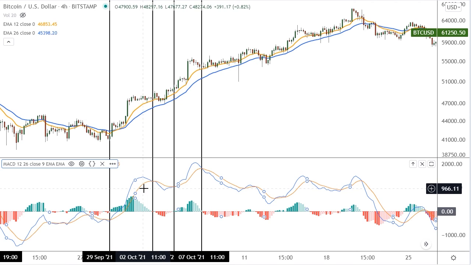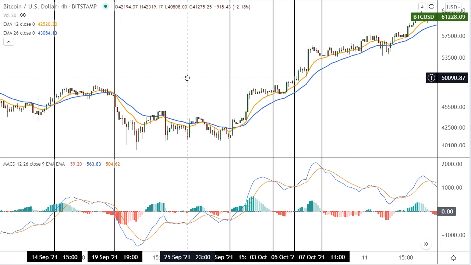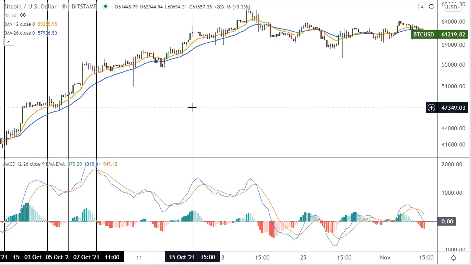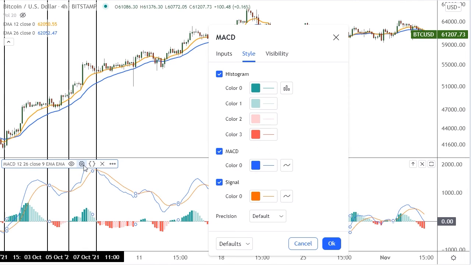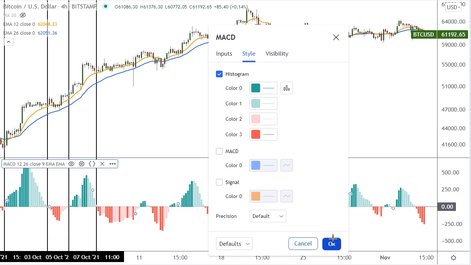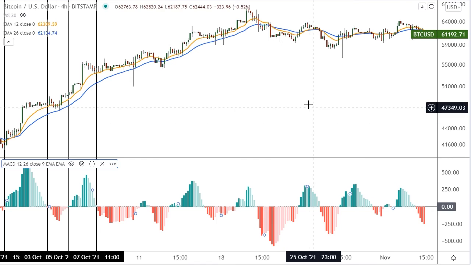One of those things is what we would call divergence. Divergence is when we get a lower low on price, but a higher low on the histogram. So let me get the MACD line and the signal line out of here. Now we're just looking at the histogram.